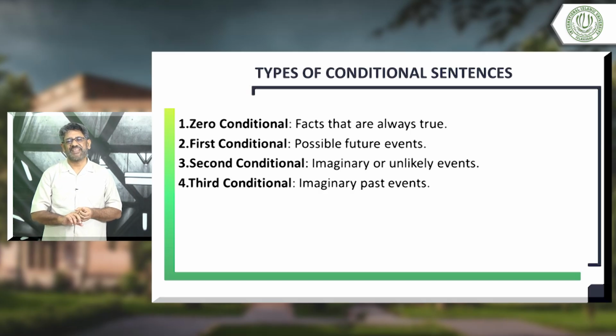Now, imaginary events, we always talk about some situations in the present, and we are thinking about the future. I'll tell you about the tense also. But there, the chances of happening are very dim, very bleak, very little, or sometimes even impossible, hypothetical.